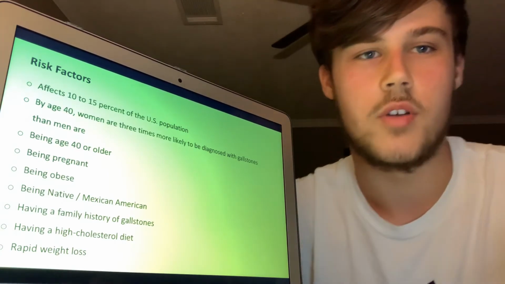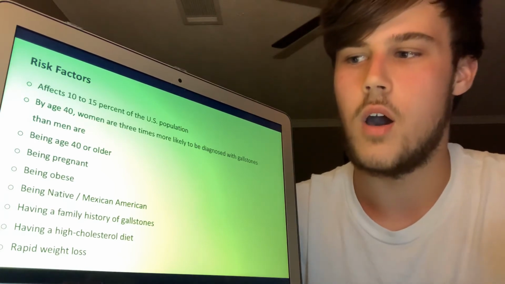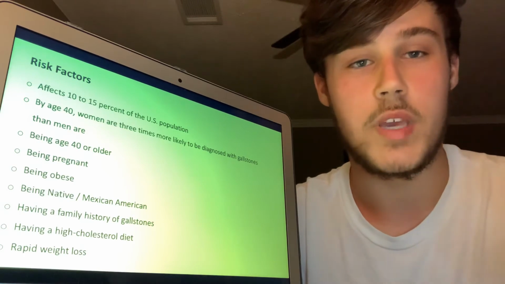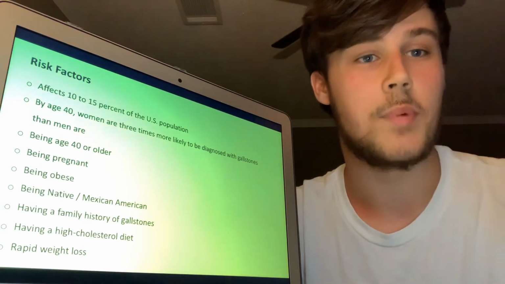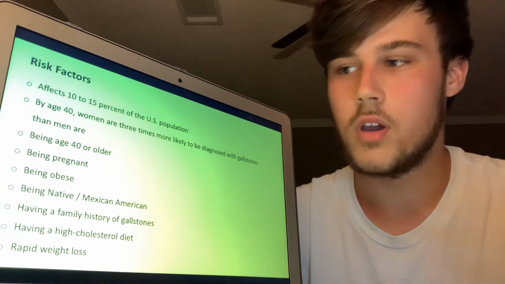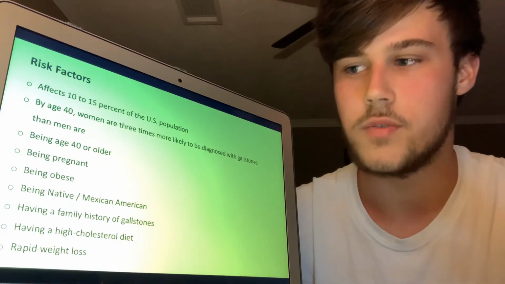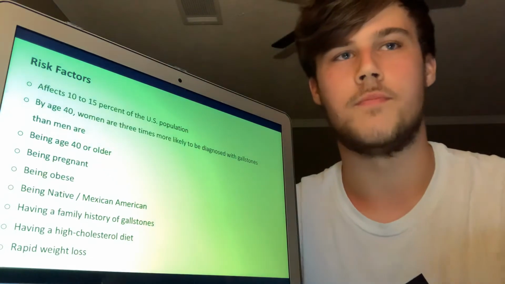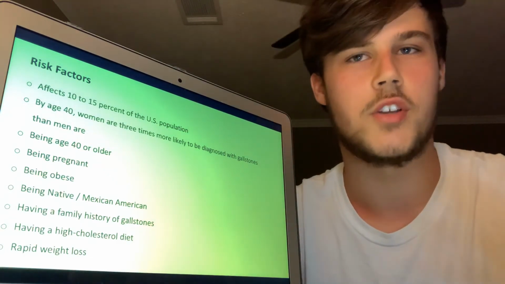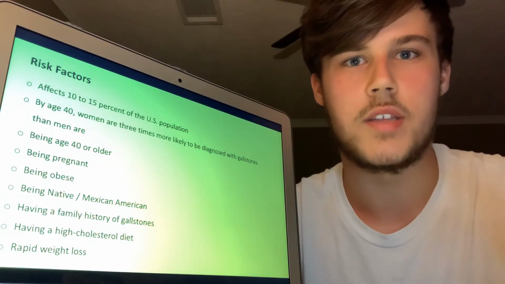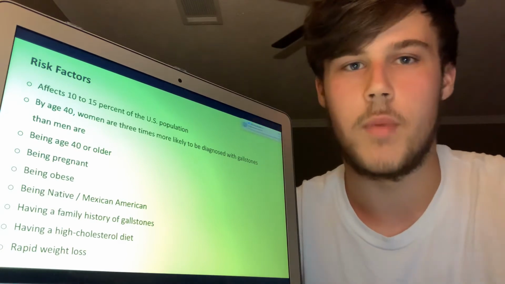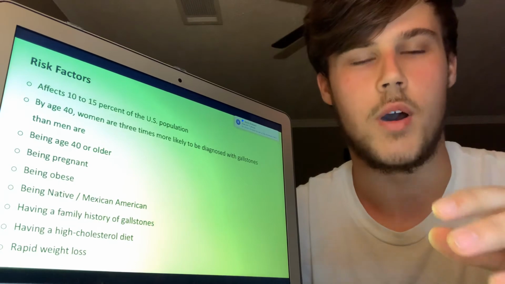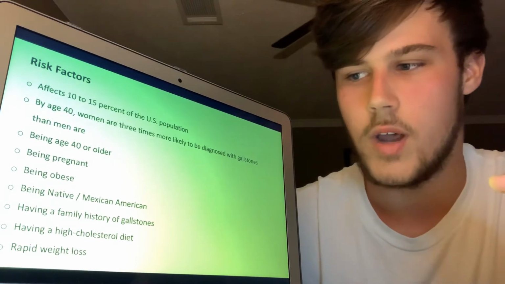Being pregnant also increases the risk of getting gallstones. Being obese or rapidly losing weight also causes gallstones. People that belong to a certain ethnic group, such as Mexican Americans or Native Americans, are more likely to get gallstones as well.